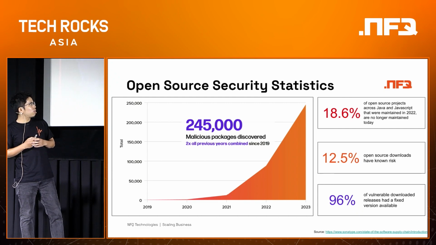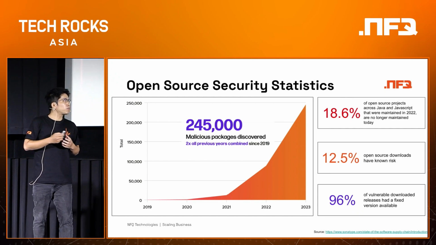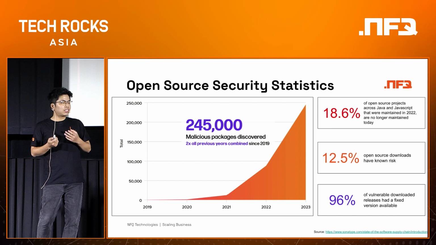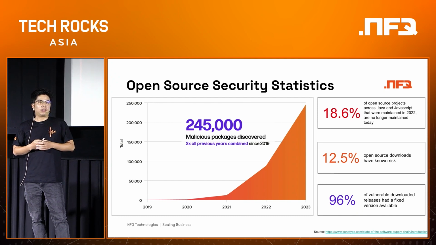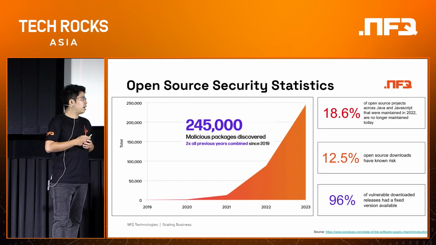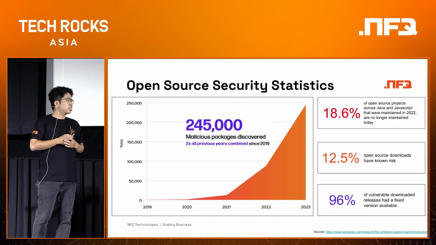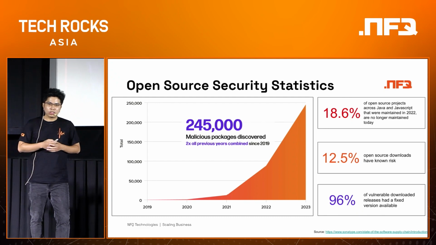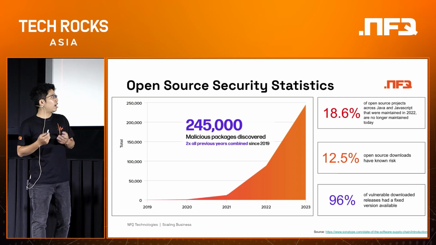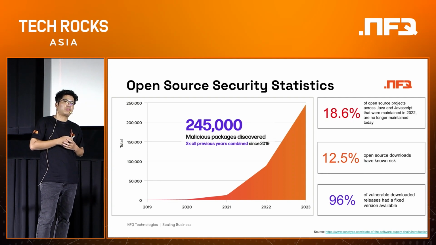And there's also 12% of open source downloads that have been identified as risky. And even worse, 90% of vulnerable downloaded releases have a fixed version available.